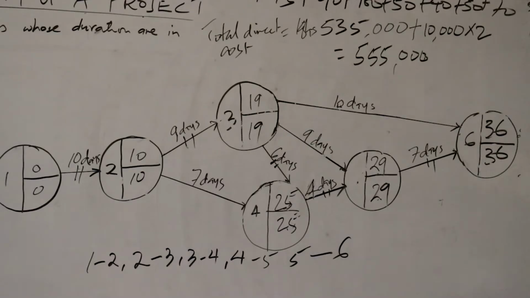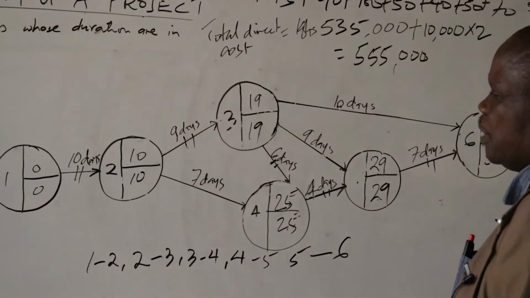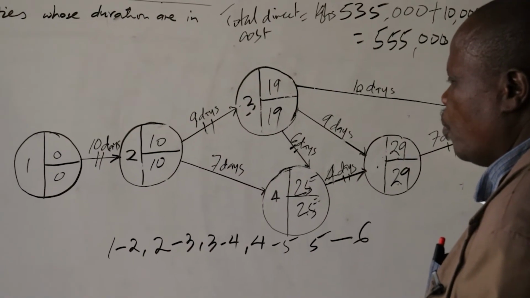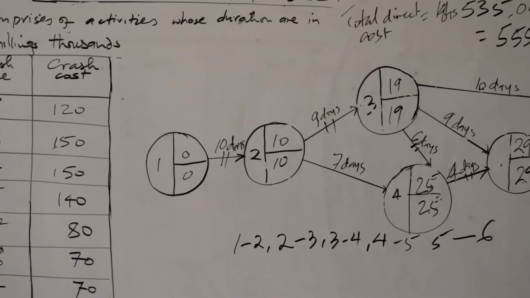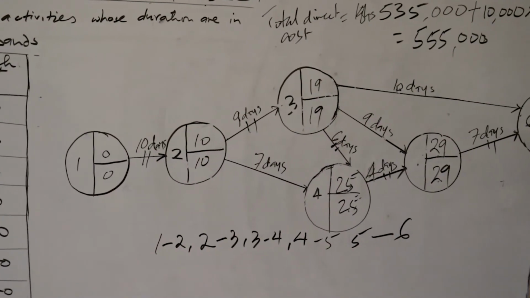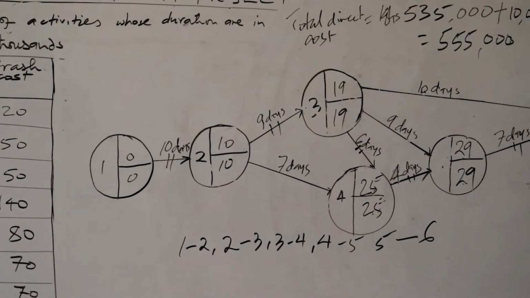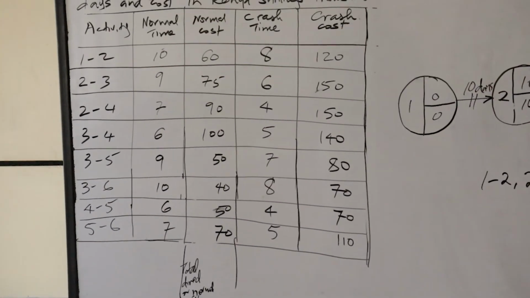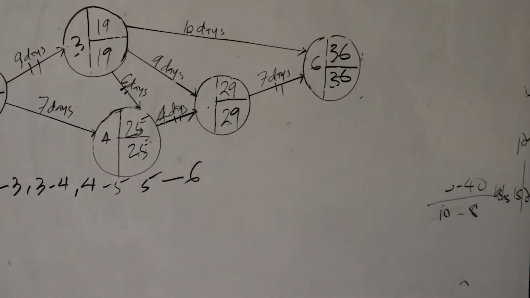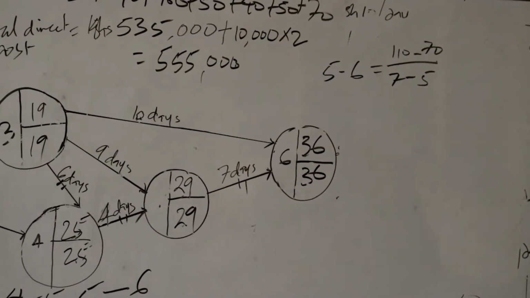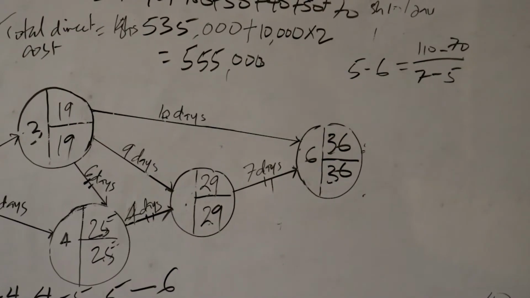According to what we have seen, activity 5 to 6 has a cost slope of 110 minus 70 all over 7 minus 5. 110 minus 70 is 40, all over 2, which is 20.